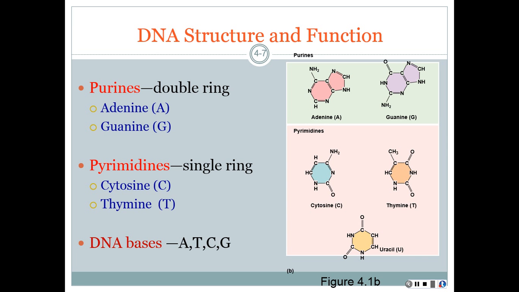When we look at the hydrogen bonds between them, adenine and thymine are the only two that will pair together, and they have two hydrogen bonds. Guanine and cytosine, which will bond, have three hydrogen bonds.